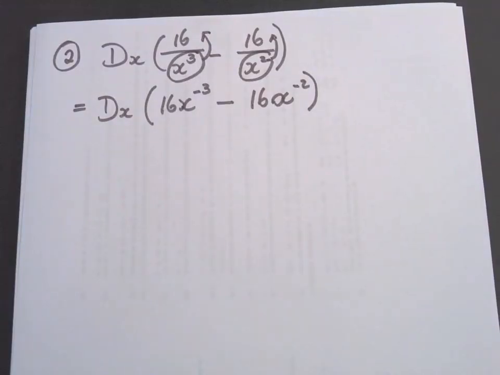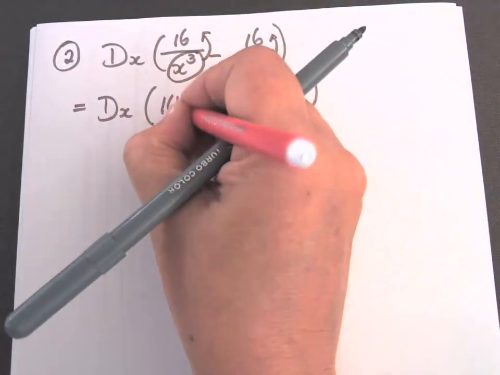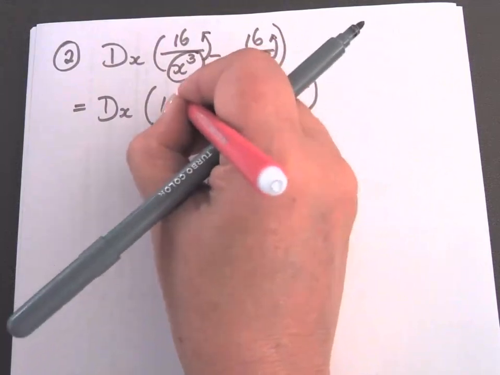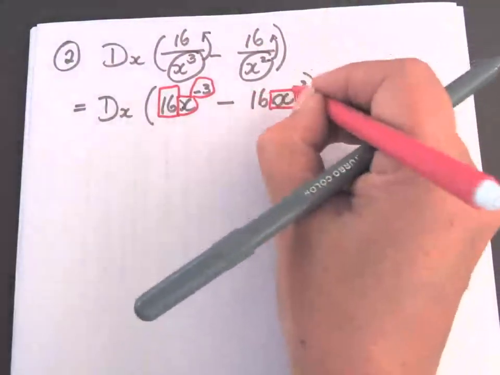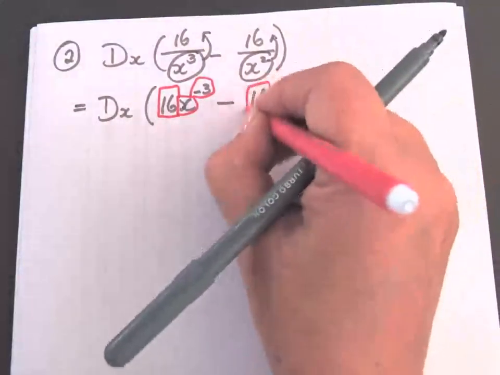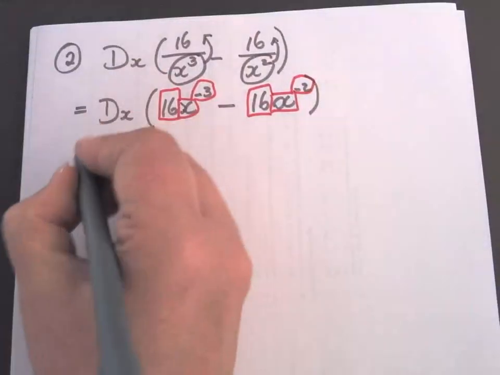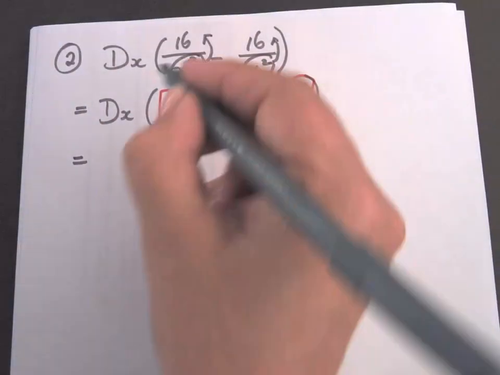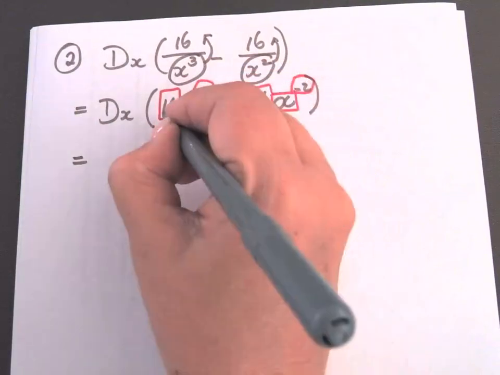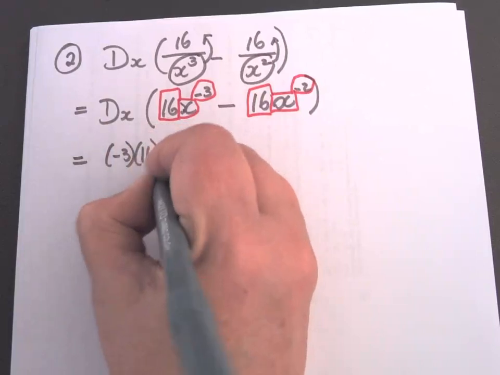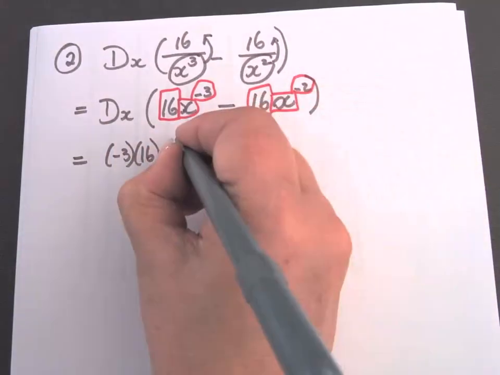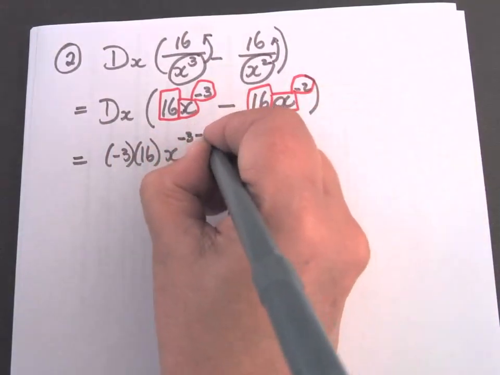Okay, check the form. I have an x with an exponent and a 16. I have an x with an exponent and a 16. So now I multiply the exponent with the coefficient, so it's negative 3 times 16 x to the power of negative 3 minus 1.